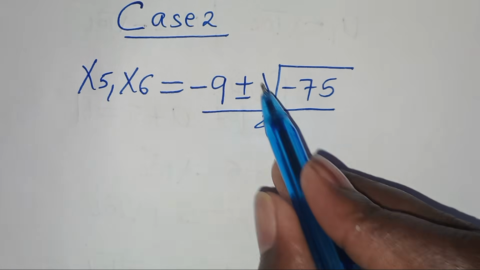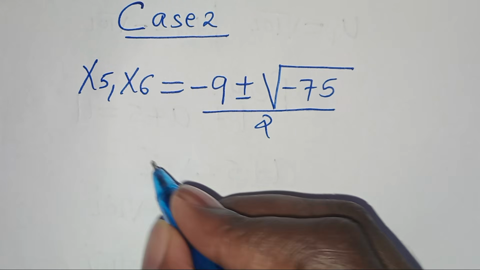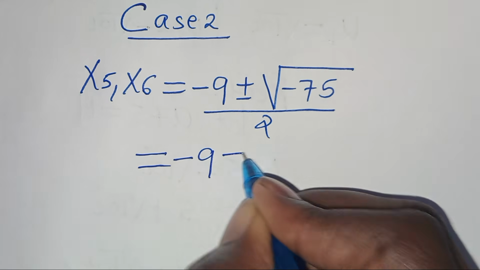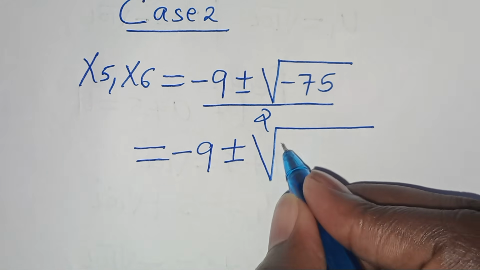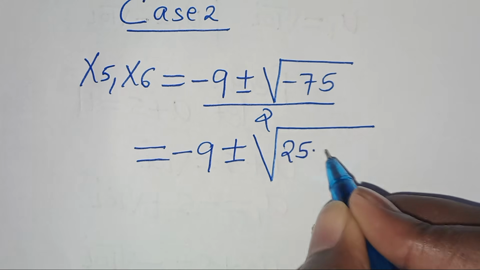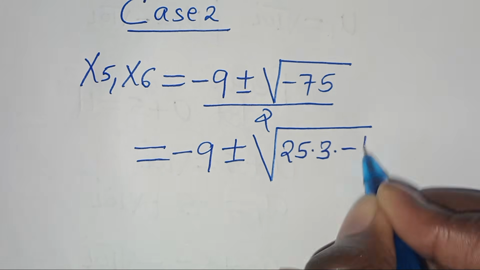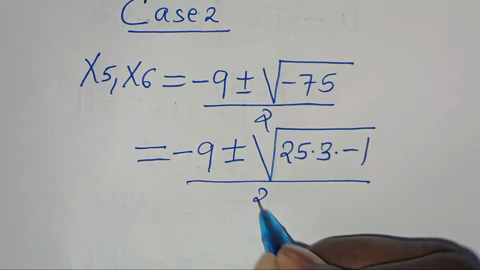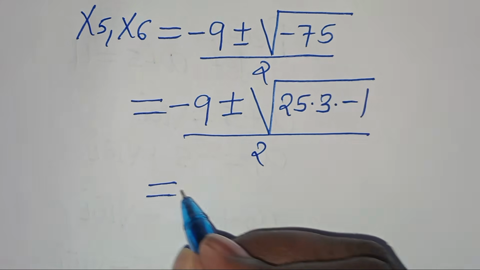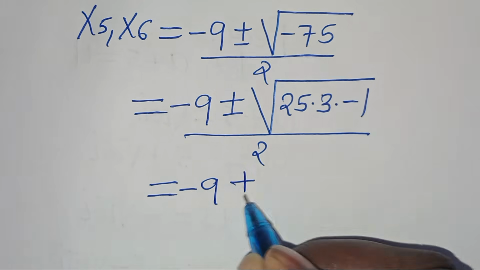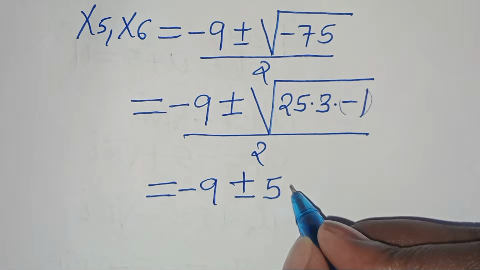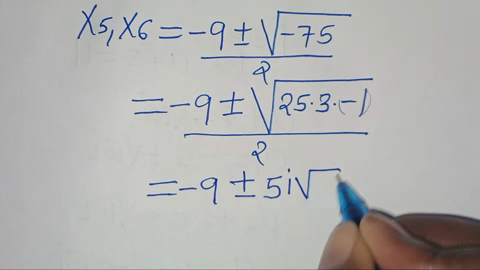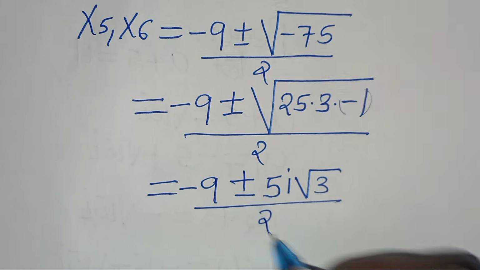Now we can express the square root of negative 75. This is the same thing as negative 9 plus or minus the square root of 25 multiplied by 3 multiplied by negative 1, divided by 2. So here we have negative 9 plus or minus the square root of 25, this is 5, square root of negative 1, this is i, then square root of 3, divided by 2.